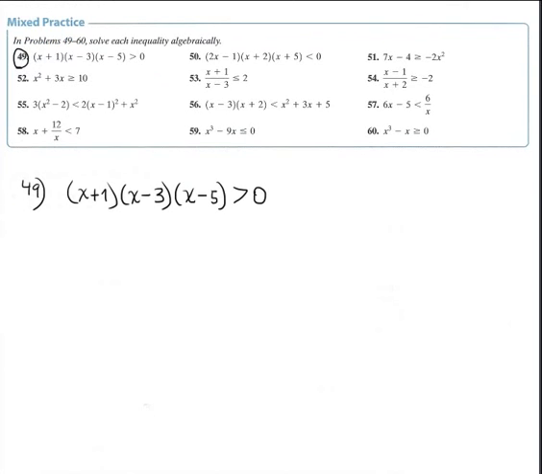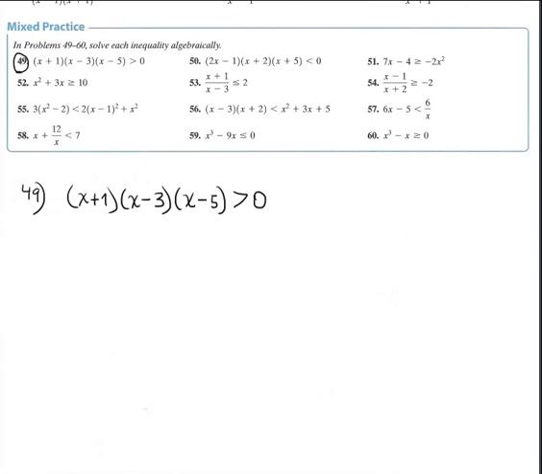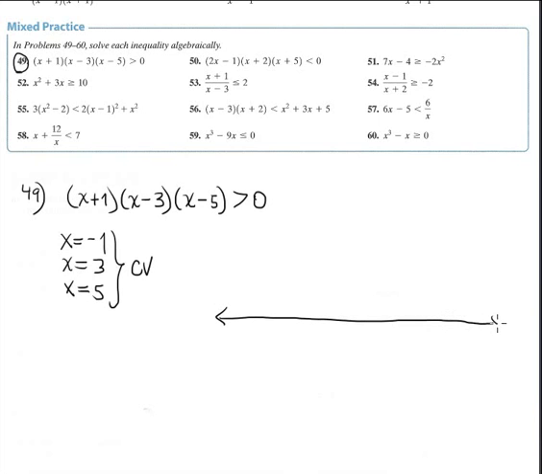Okay, this is polynomial inequality 49. In this case we have no restriction, only critical values. The critical values are negative 1, positive 3, and positive 5. Let's do the partition for these critical values.